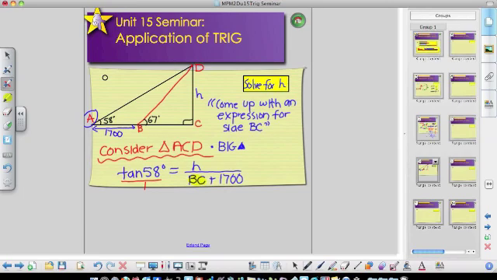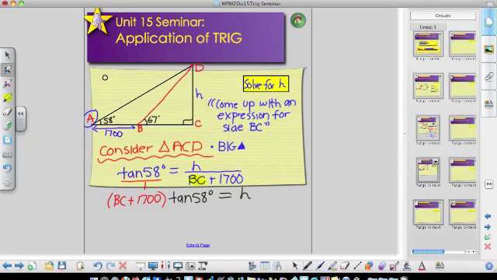So I have BC plus 1700 multiplied by tan 58 degrees is going to be equal to, when we cross multiply, H multiplied by 1, so H by itself. Always remember what your end result is.